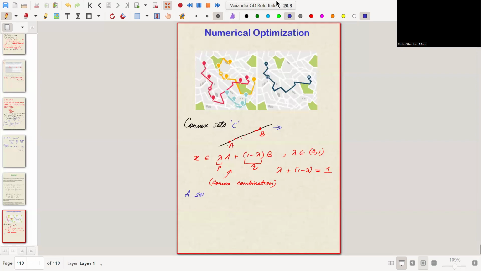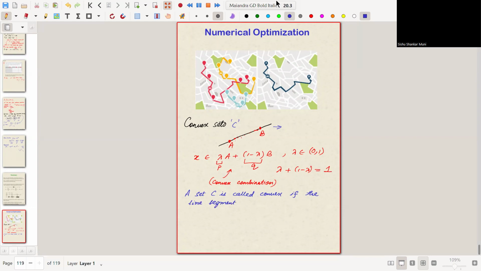A set C is called convex if the line segment joining any 2 points in C lies inside C.